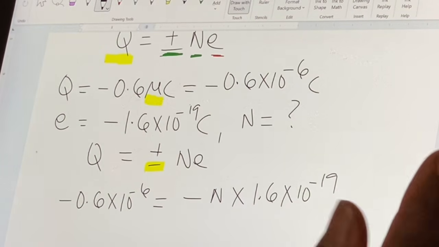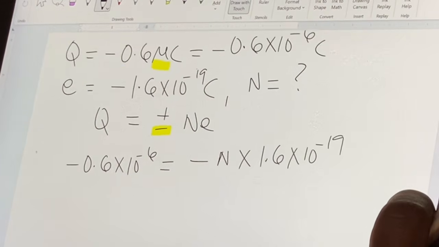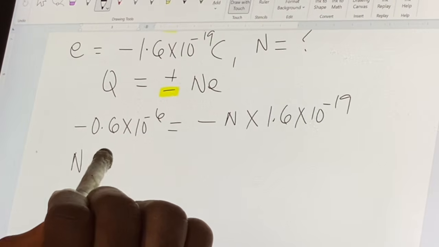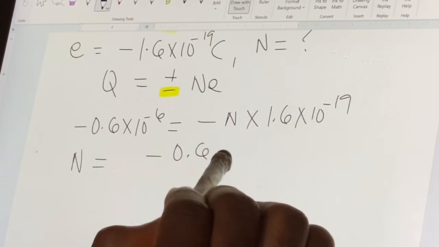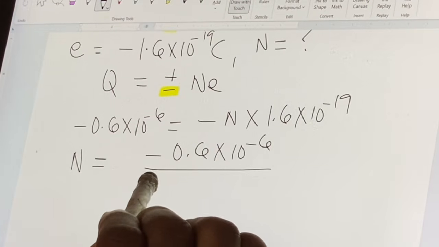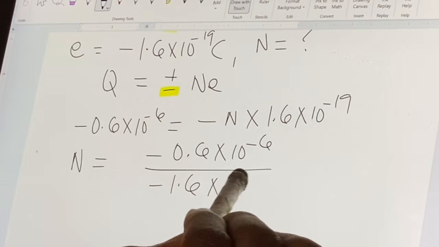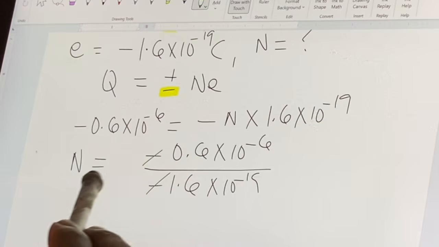Okay, our intention here is to make N the subject of formula. Making N the subject, N will be equal to plus or minus 0.6 times 10 raised to power minus 6 divided by minus 1.6 times 10 raised to power minus 19. Of course, this minus will cancel this minus.